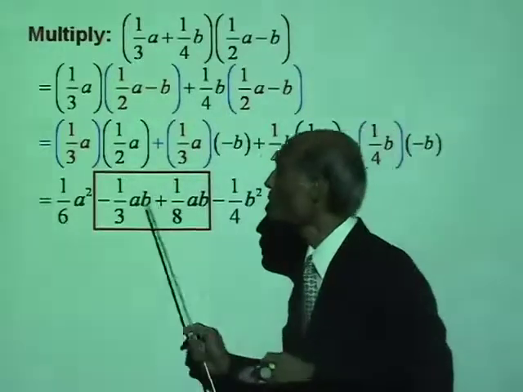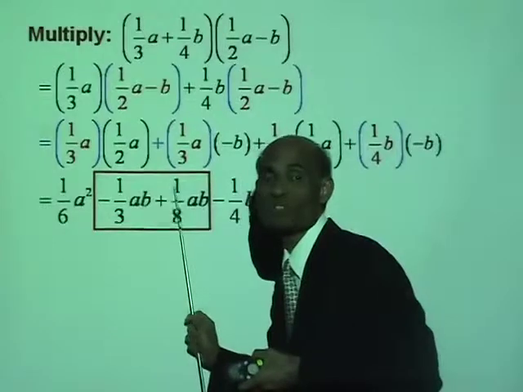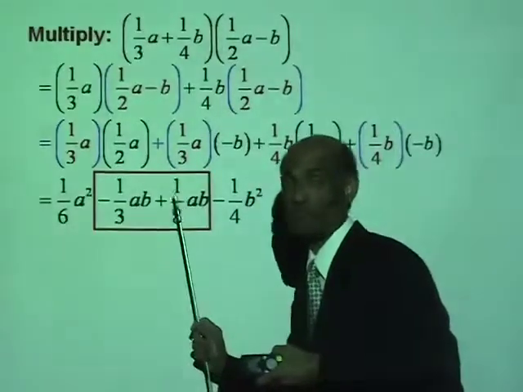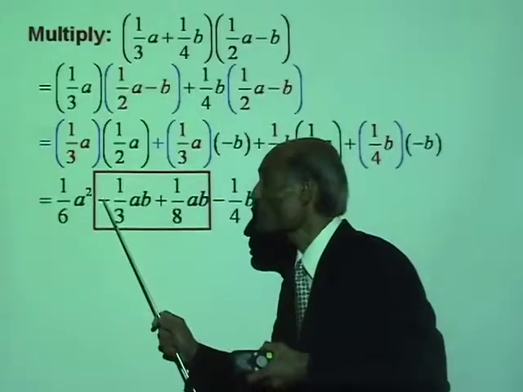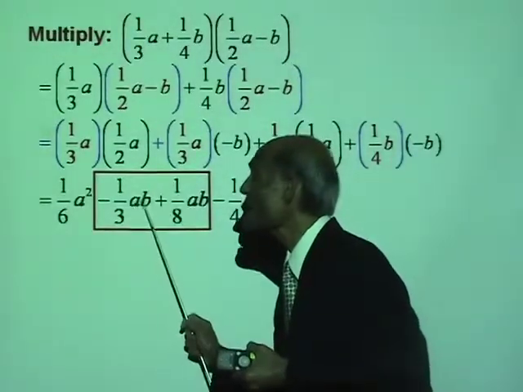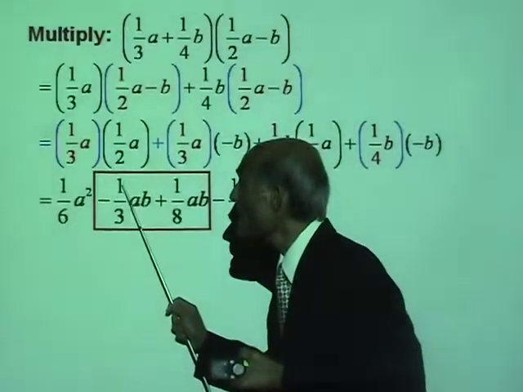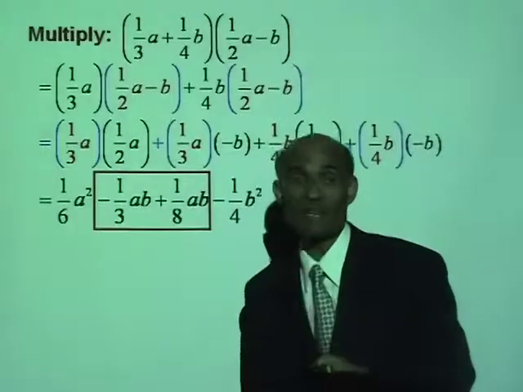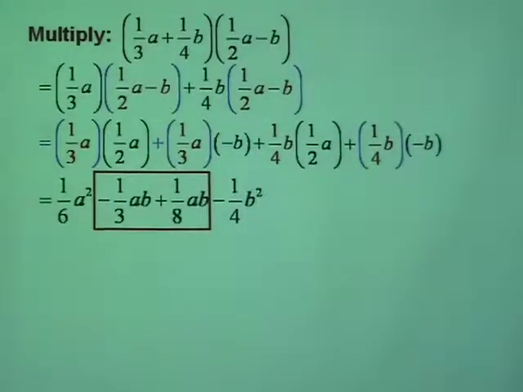I have told you, when you want to add a negative fraction to another fraction, make the numerator negative. So read this as negative 1/3 ab. You must read it as negative ab over 3. Do you understand that? Let me write that down for you.